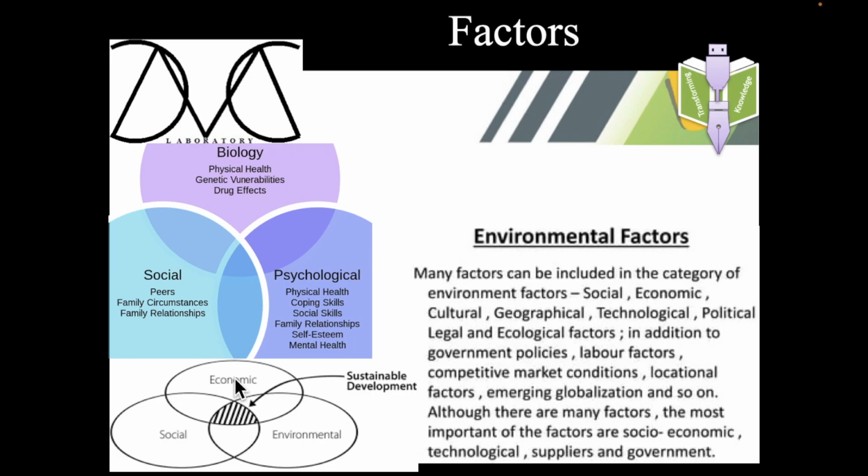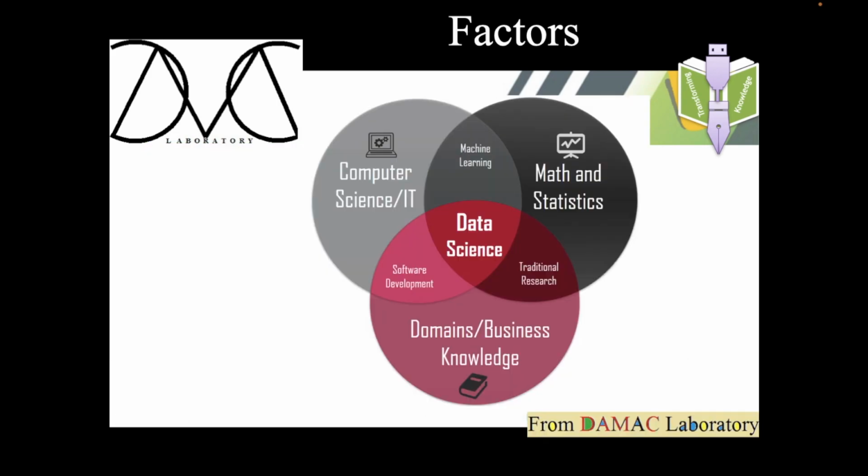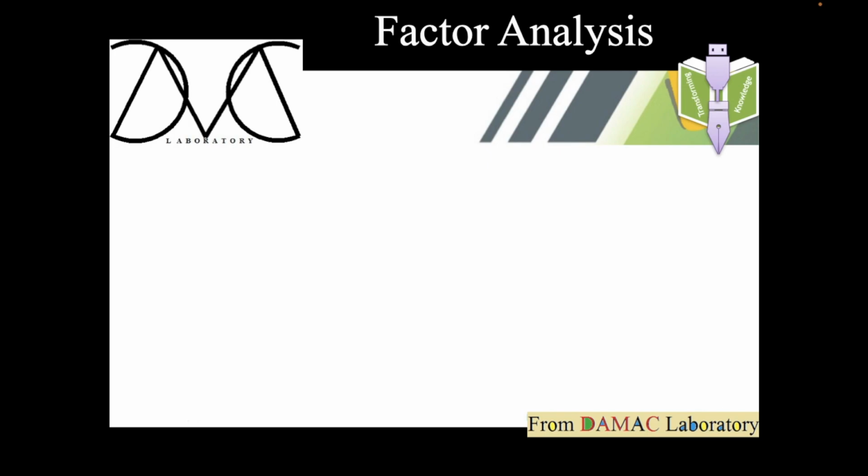Here factors are the variables, or the columns in the usual representation of the data set, or attributes, and the objects are represented by the rows. Hopefully you can understand what these factors are. When we collect the measurable data, the measurements of those factors, we come to the field of data science, and then to the field of factor analysis. So what is factor analysis?